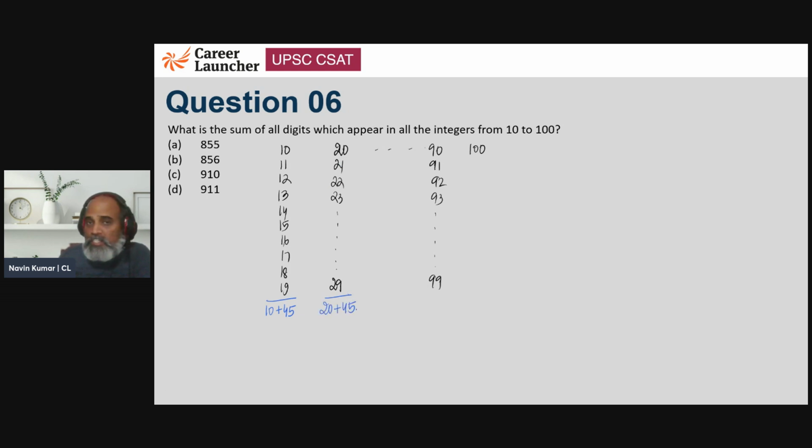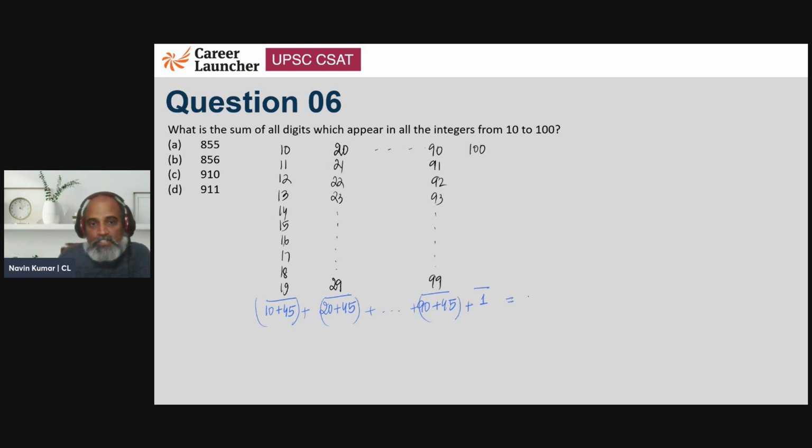The units digit sum doesn't change. If I look at the last one, 9 is written 10 times, so its sum is 90. And then 1 to 9 is written again, 45. And if I look at the last one, it's simply 1. Right? Now we are asked to add all of these.